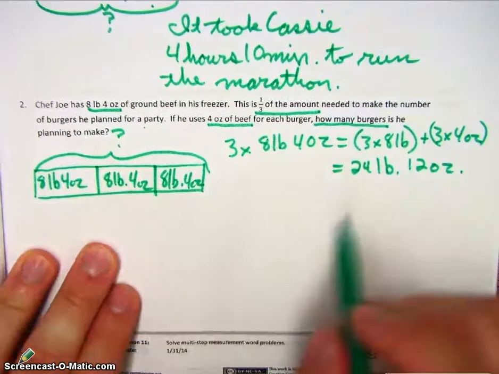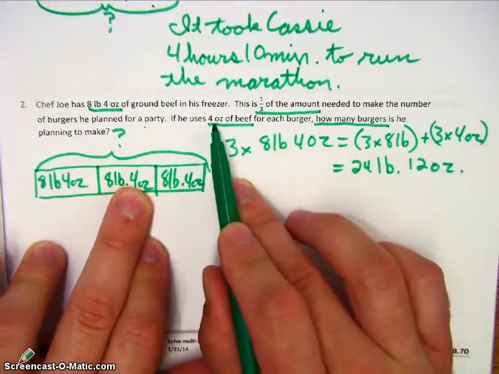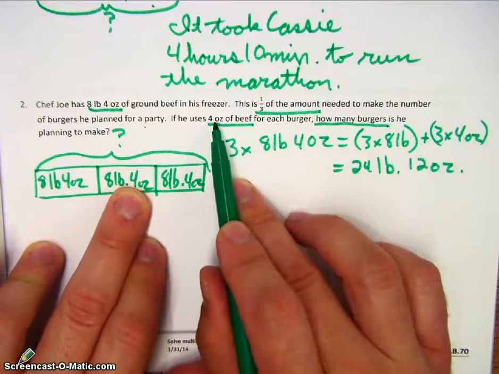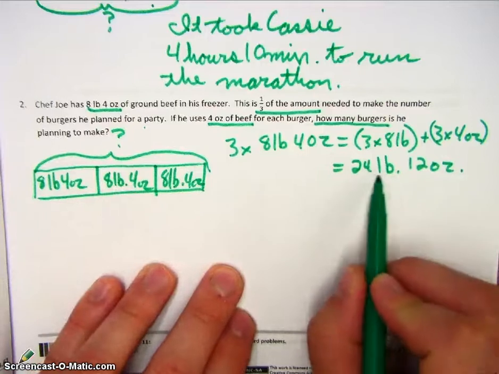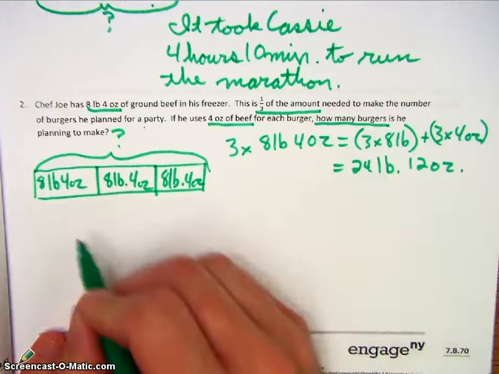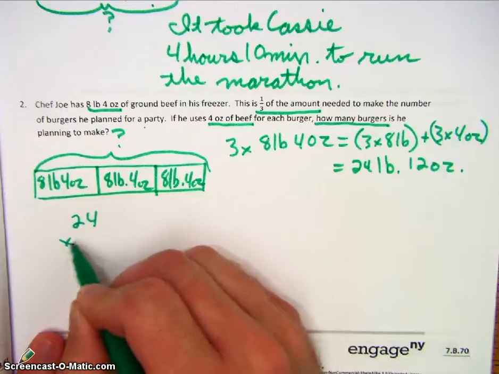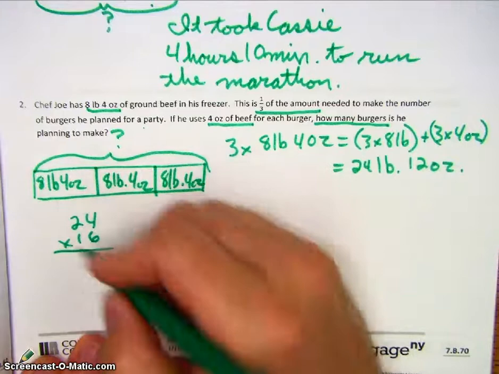Now if you notice, the amount of beef he needs for each burger is in ounces. So what we need to do is find out how many total ounces this equals. So we need to take our 24 pounds and convert this into ounces. So we know there's 16 ounces in a pound, so we need to multiply 24 times 16 to find out how many ounces are in those 24 pounds.